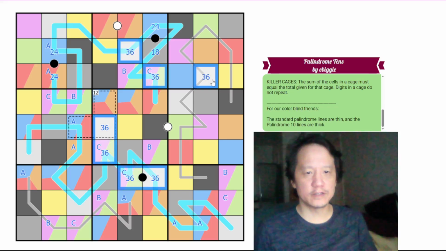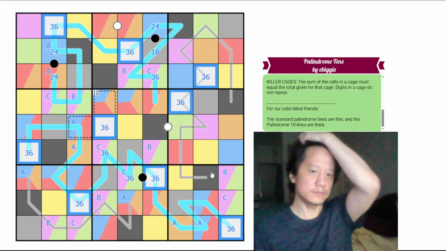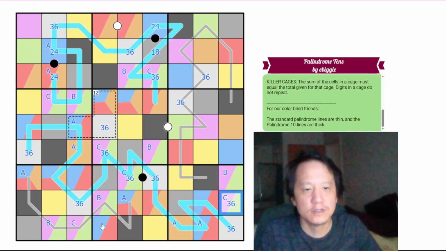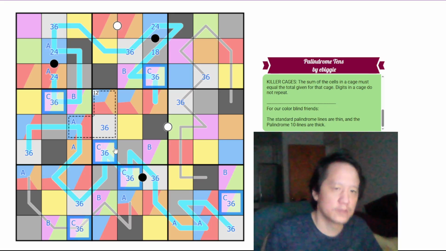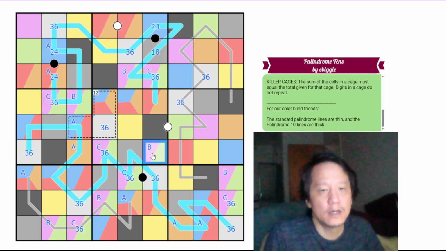So all the lights are 3 or 6. The C is also 3 or 6. And we don't know where the last one is. Okay, it could be 2, 4 here, and then 6.